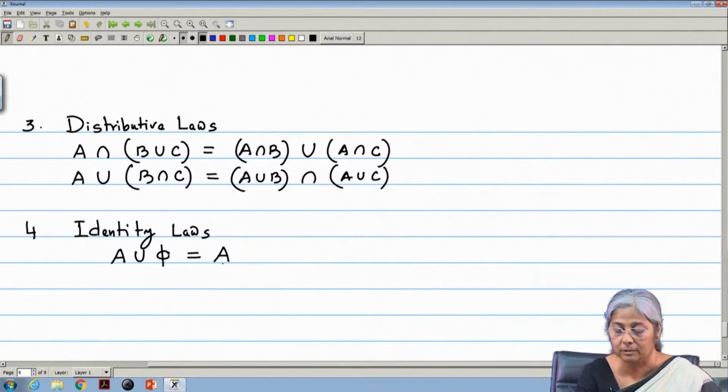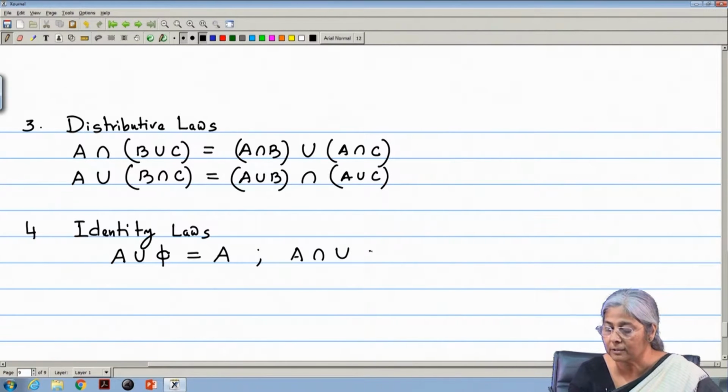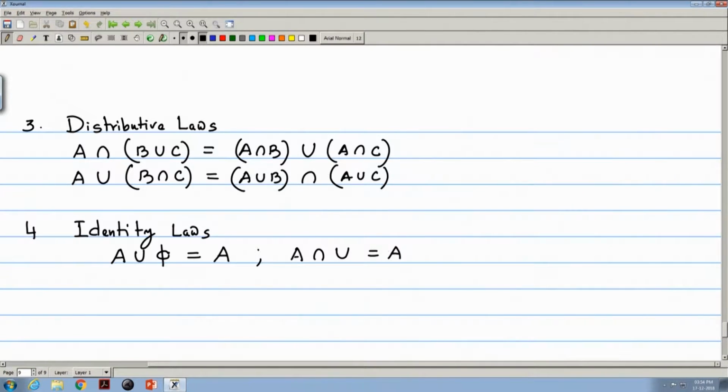So, we can say this is like addition. Similarly, if I take A intersection with my universal set, then again this is the set itself. So, this is as if the identity.